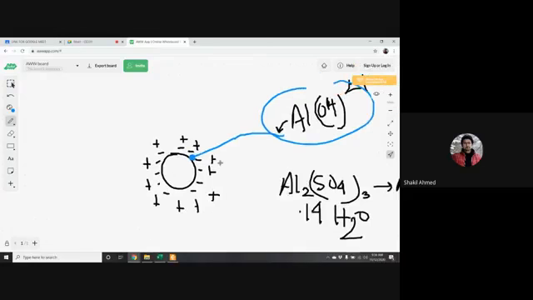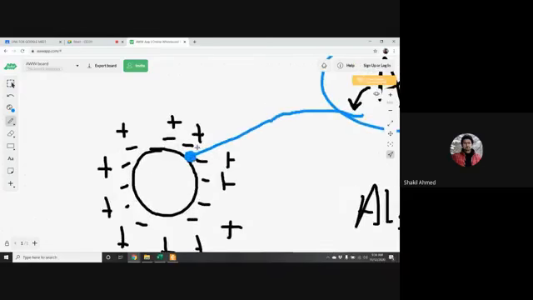গায়ে লেগে যায়, adsorption. And since they are positive charged, এই পজিটিভ এবং নেগেটিভটাকে কি করে ফেলে? নিউট্রালাইজ করে ফেলে। নিউট্রালাইজ। Is it clear? Guys, are you following me? Yes, sir.